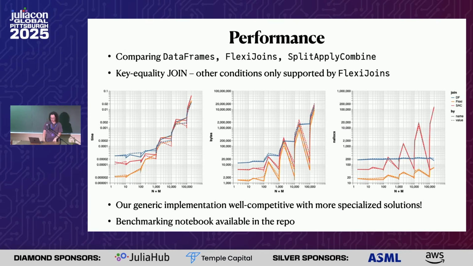Regarding performance, this is just a quick benchmark from a notebook that's available in the FlexiJoins repo. It compares DataFrames, FlexiJoins, and split apply combine. Of course, it only compares key equality joins, because other packages don't support other join conditions. There are several regimes.